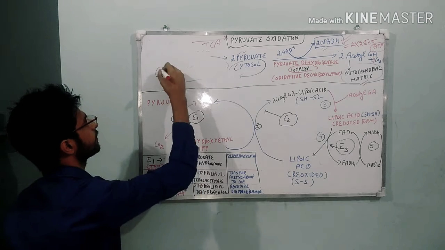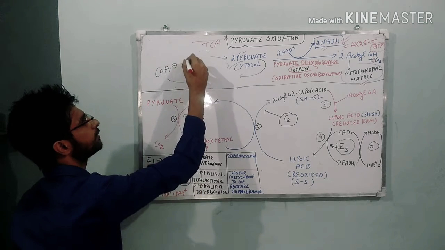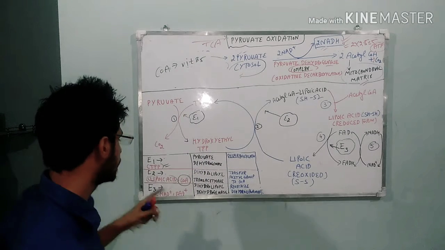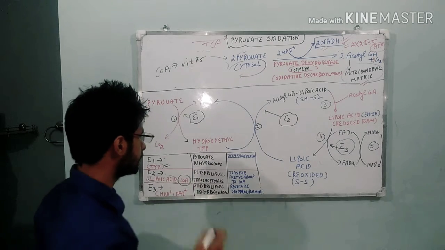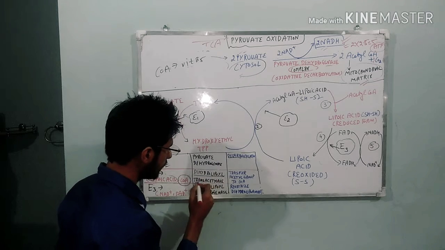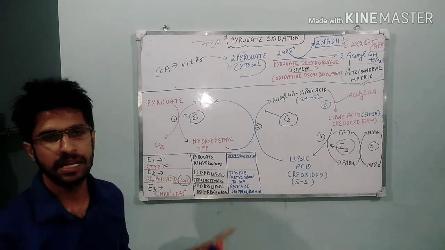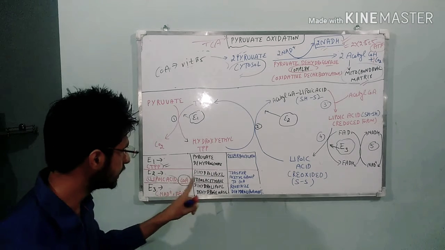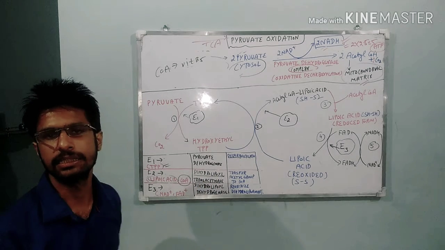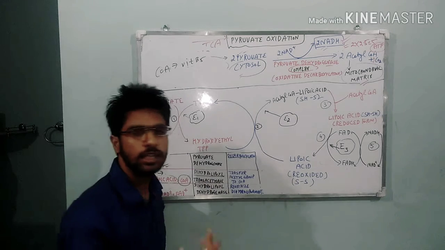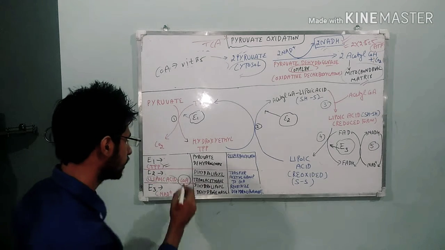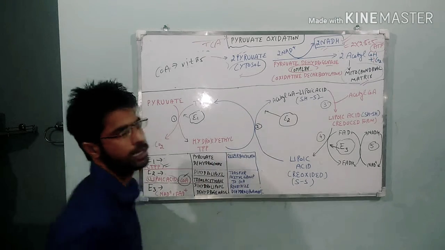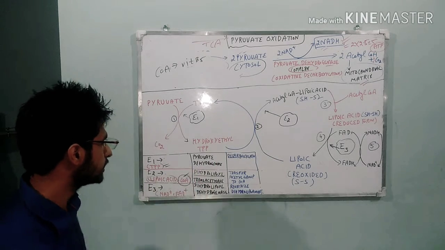Coenzyme A is related to vitamin B5, pantothenic acid, and the enzyme name is dihydrolipoyl transacetylase. The name is telling you: dihydrolipoyl means lipoic acid is there, and transacetylase means there is a transfer of the acetyl group to coenzyme A. This makes these phenomena simpler.